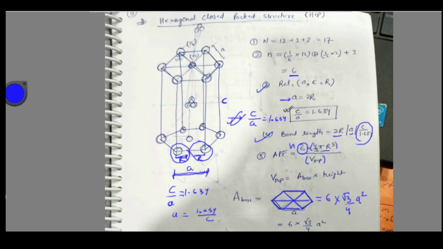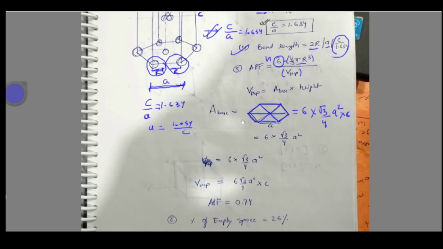So this is the base area, and if you multiply it with the height C, we get the volume of HCP.